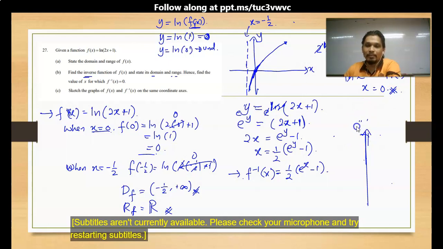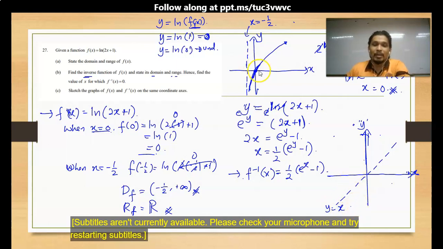This is x and this is y. So a line of y equals x.